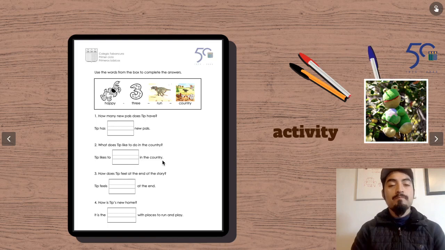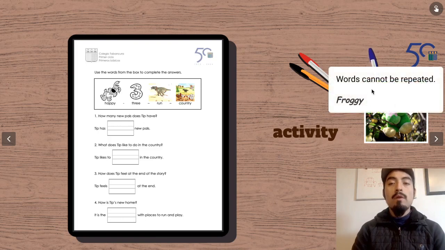Number 3. How does Tip feel at the end of the story? Tip feels blank at the end. Question number 4. How is Tip's new home? It is the blank with places to run and play.